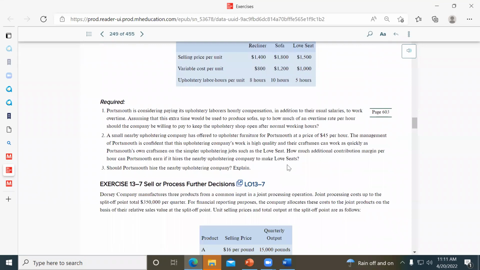A small nearby upholstering company has offered to upholster furniture for Portsmouth at a price of $45 per hour. The management of Portsmouth is confident that this upholstery company's work is high quality and their craftsmen can work as quickly as Portsmouth's own craftsmen on a simpler upholstery job such as the love seat. How much additional contribution margin per hour can Portsmouth earn if it hires the nearby upholstery company to make love seats?